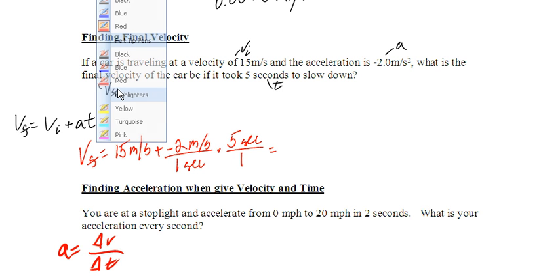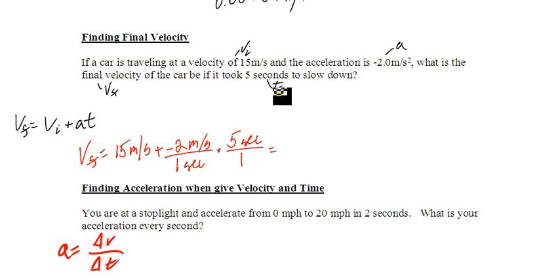And I'm going to cross off, so I'll change my colors here, my seconds. And then before I can do anything, I'm going to put these in parentheses and say I need to multiply these two before I can add the 15 meters per second. And when I rewrite it, I get 15 meters per second added to negative 2 times 5, which is negative 10 meters per second.